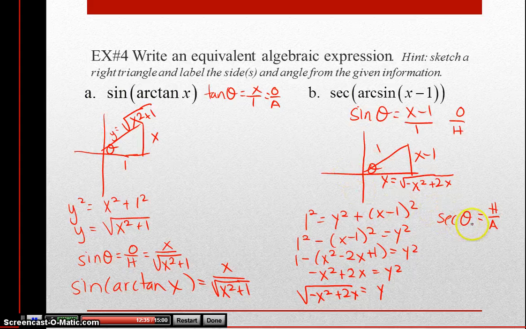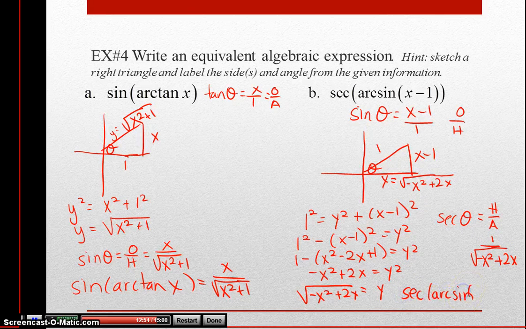Our hypotenuse is 1, and the adjacent side is what we just found, the square root of negative x squared plus 2x. So now we can put this all together. The secant of the arcsine of x minus 1 is equal to 1 over the square root of negative x squared plus 2x.